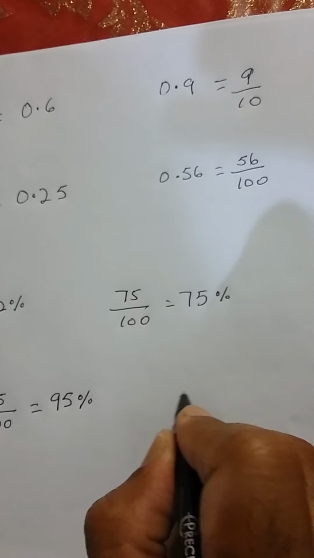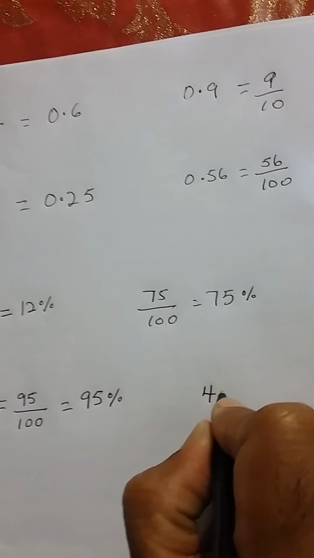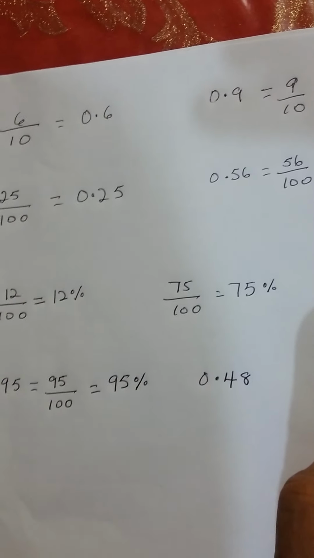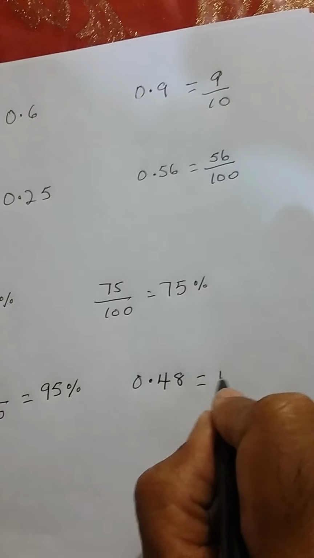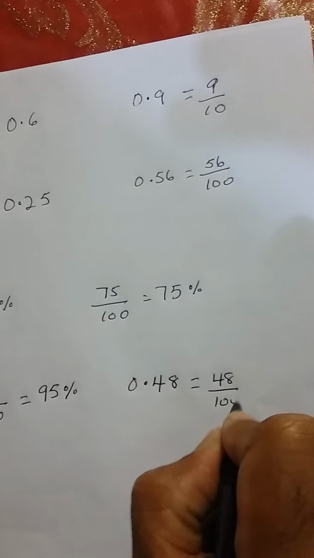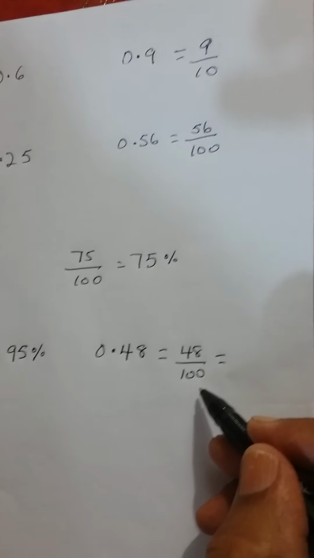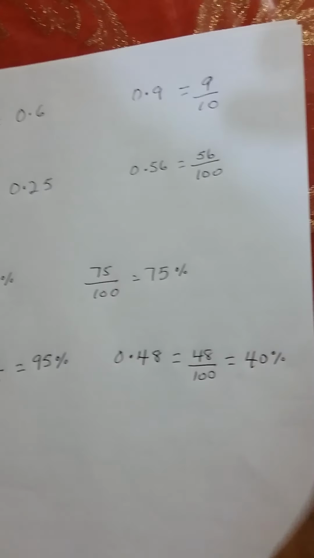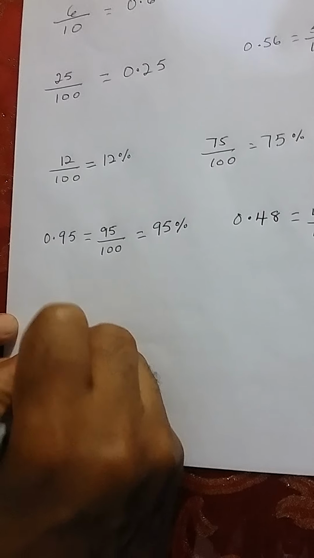Let's look at another one. Suppose I had 0.48. Can you get a fraction with that? 48 out of 100, and any fraction with a denominator of 100 is called a percent. So we write it as 48%. But suppose I gave you 85%.